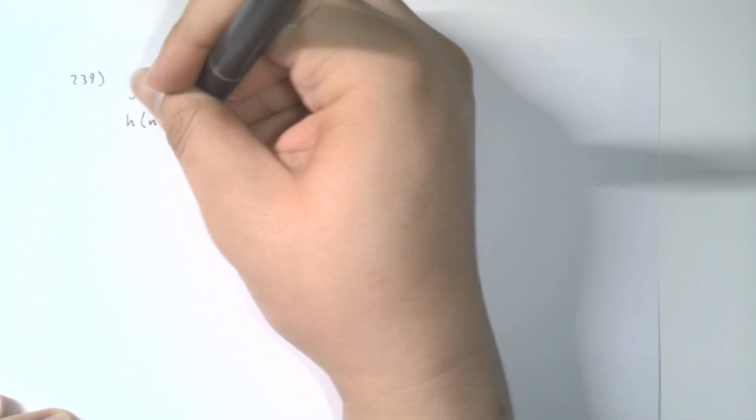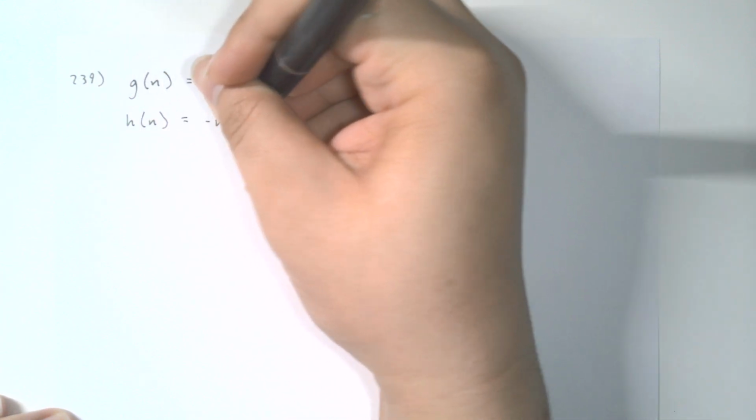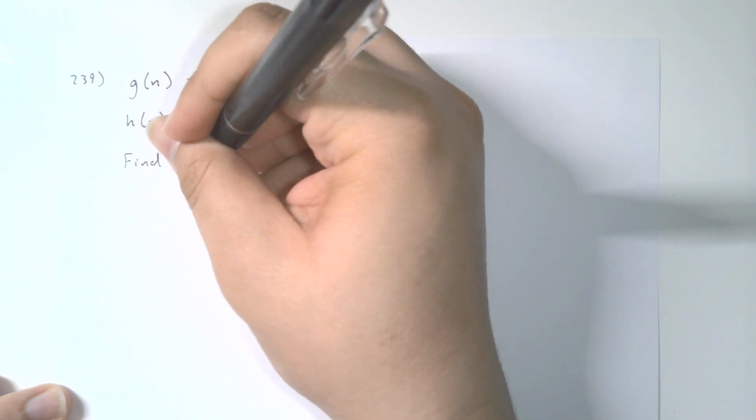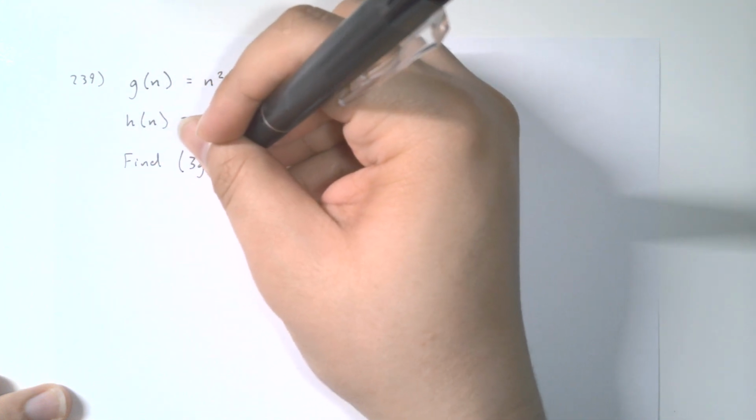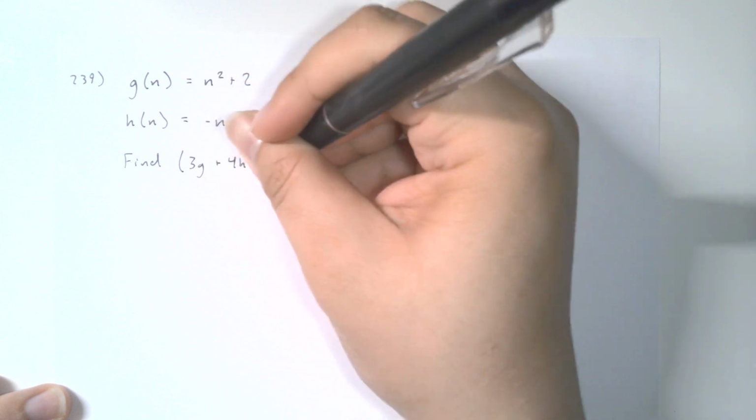We have h of n is equal to negative n minus 5. And we want to find 3g plus 4h of n.